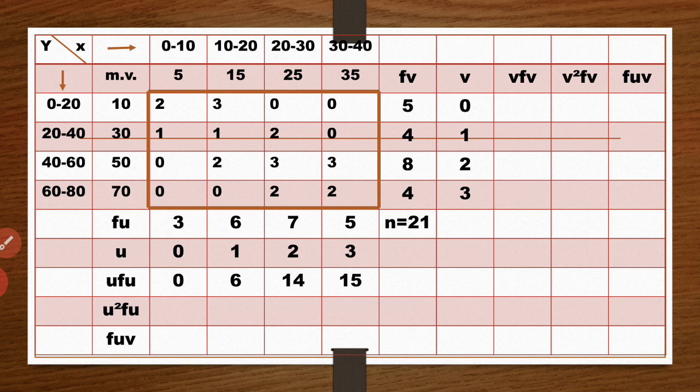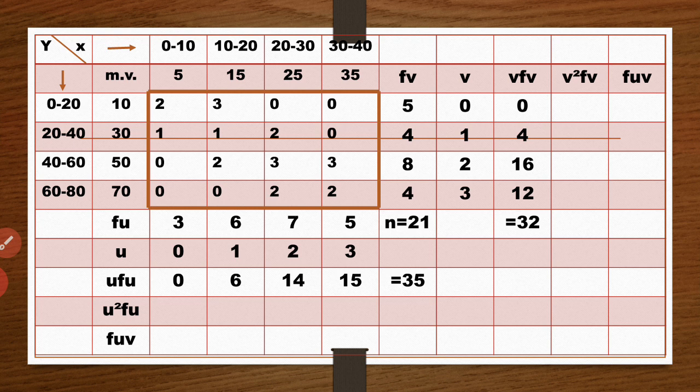After that ufu. All of you know ufu means multiplication of fu and u. 3 into 0 is 0, 6 1s are 6, 7 2s are 14 and 5 3s are 15. Then after, the total is 35. The total is called sigma ufu. Then after vfv. Vfv means multiplication of fv and v.